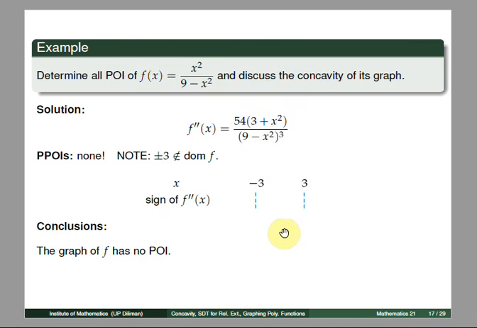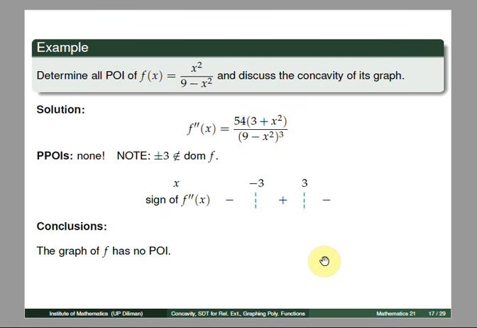So we can plug in values again. Say to the left of negative 3, negative 4. If x is negative 4 here, this is negative. Okay? So we have negative. Between negative 3 and 3, say x is 0, so positive. To the right of 3, say x is 4, it's negative.